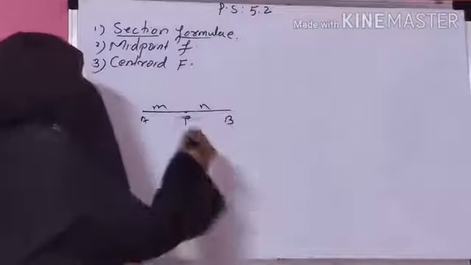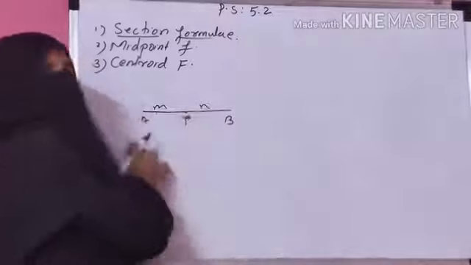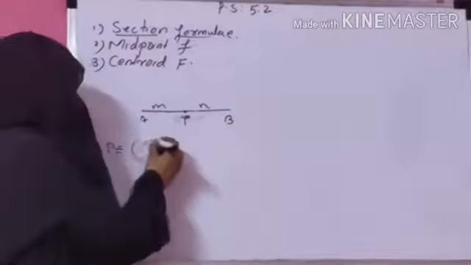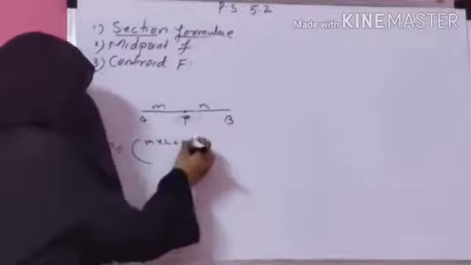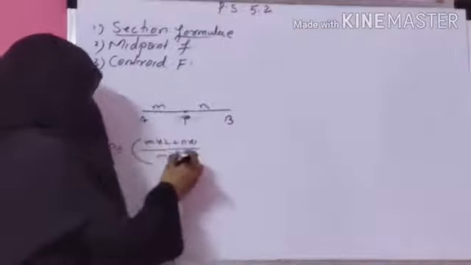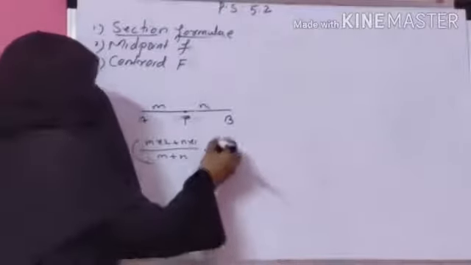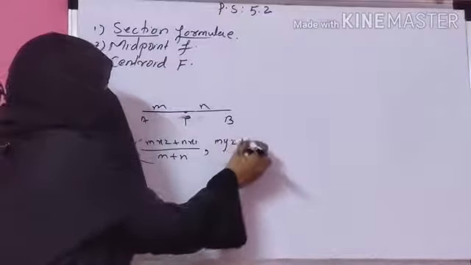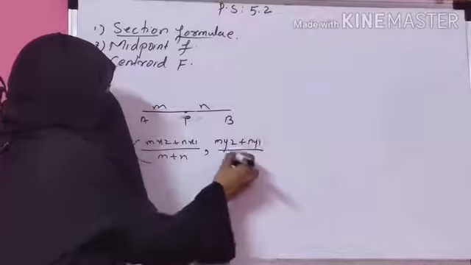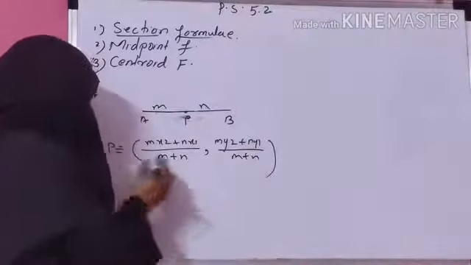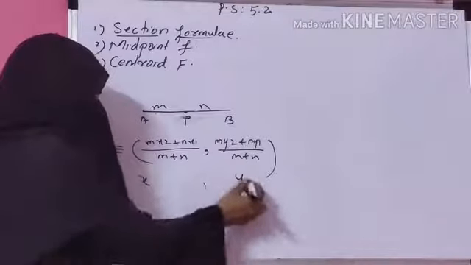So the coordinate of the point which divides the segment in ratio is (mx2 + nx1) divided by (m + n). This is the x coordinate. And the y coordinate is (my2 + ny1) divided by (m + n).